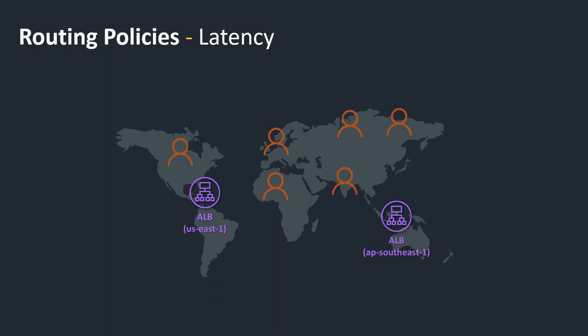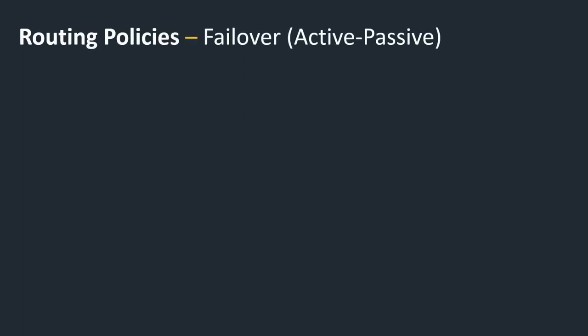Then the users are all around the world, and the latency is going to be evaluated by Route 53. And so the users closest and with the lowest latency to the ALB in US East 1 will be redirected there, whereas the other users will be redirected to AP Southeast 1, right?